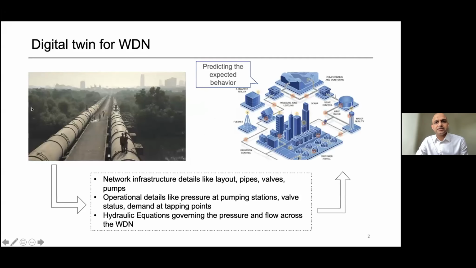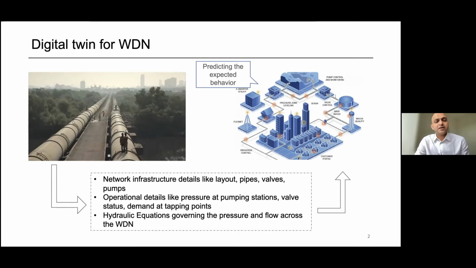Models like these are in place in general, and what we are trying to do in this exercise is create models which are based on machine learning. Before we go there, let's see what exactly we mean when we say a digital twin for a water distribution network, where we can simulate WDNs, or water distribution networks.